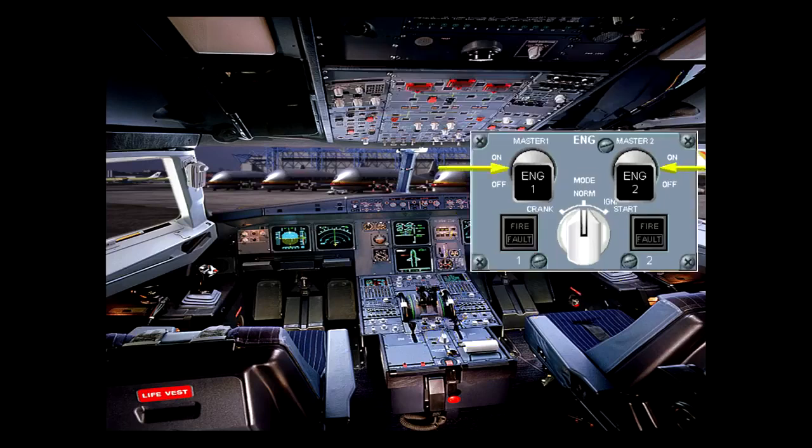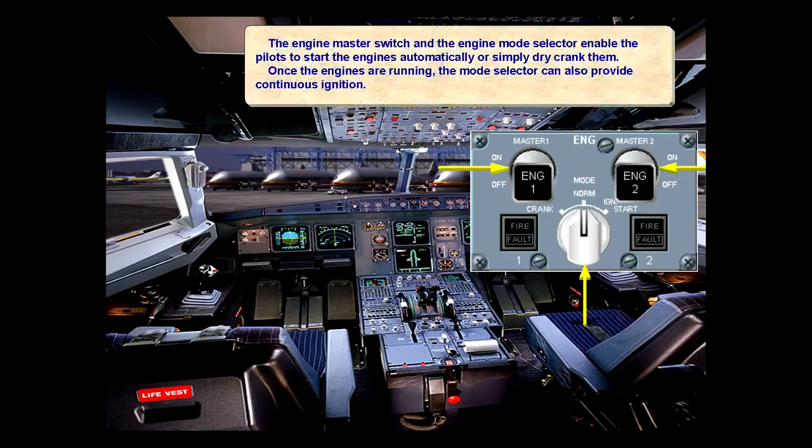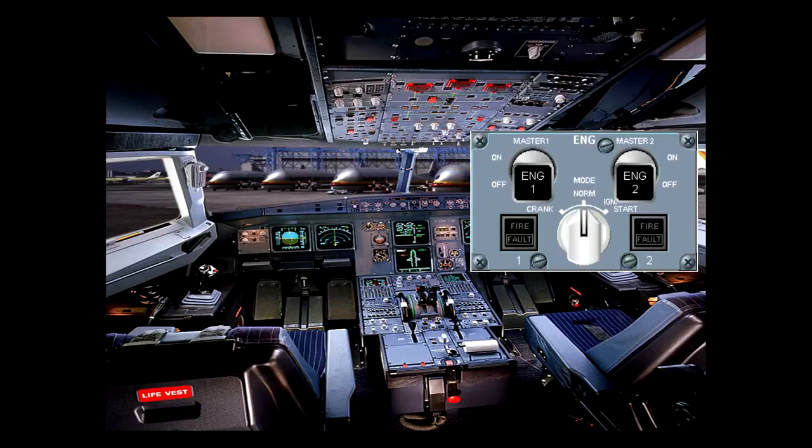The engine master switch and the engine mode selector enable the pilots to start the engines automatically or simply dry crank them. Once the engines are running, the mode selector can also provide continuous ignition. Each engine has a fire and fault light.